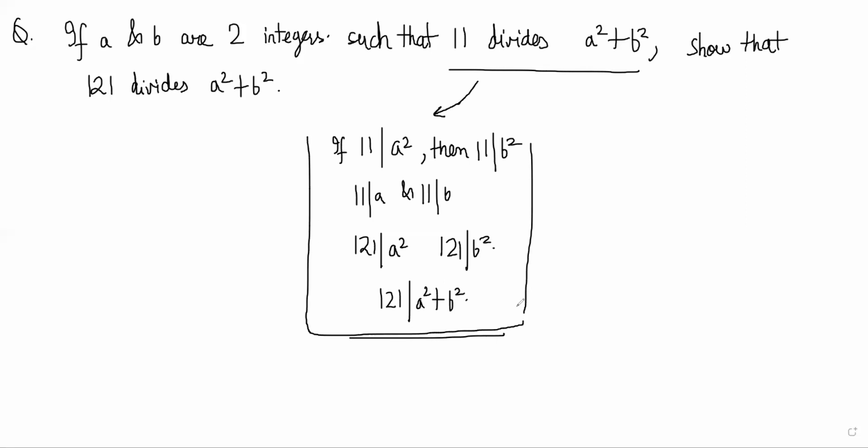The other situation is slightly more complicated, when it is possible that 11 does not divide A square or 11 does not divide B square, but it divides the sum.